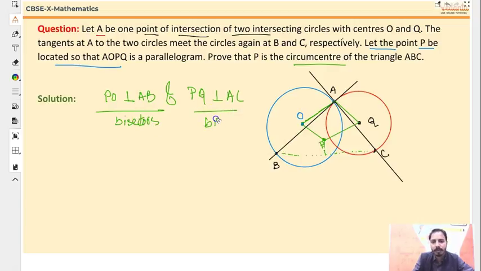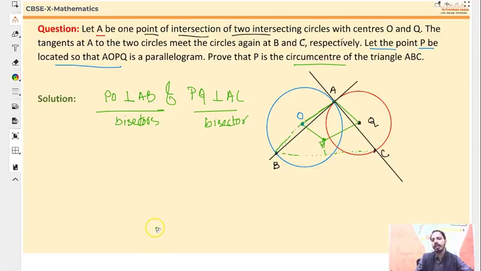So we just need to prove that OP is the perpendicular bisector of this side of this triangle, AB. How do you do that? To do this, guys, let us see this triangle first of all.